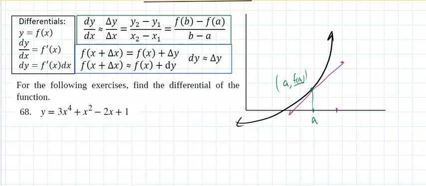So, let's say I took this x right here, and I added a delta x or an h. Wouldn't that be x plus delta x? Now, there are two values here. Well, check this out.